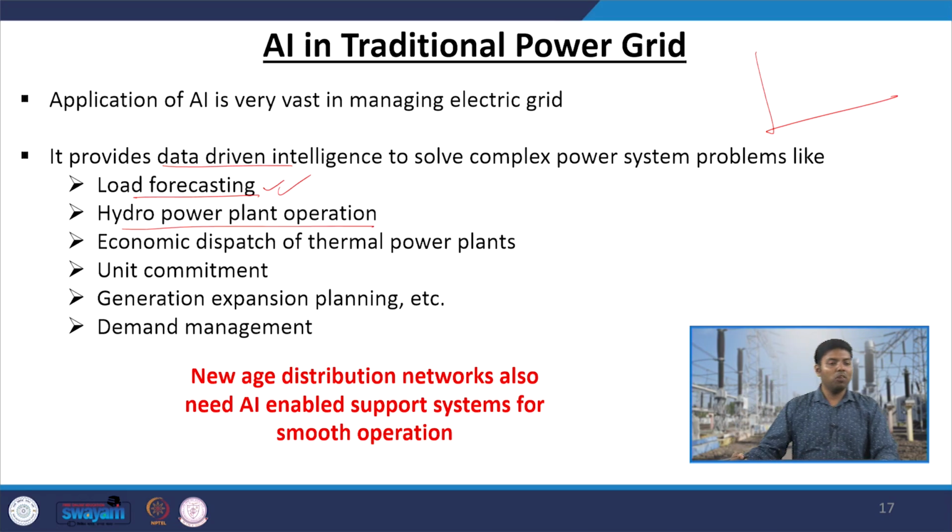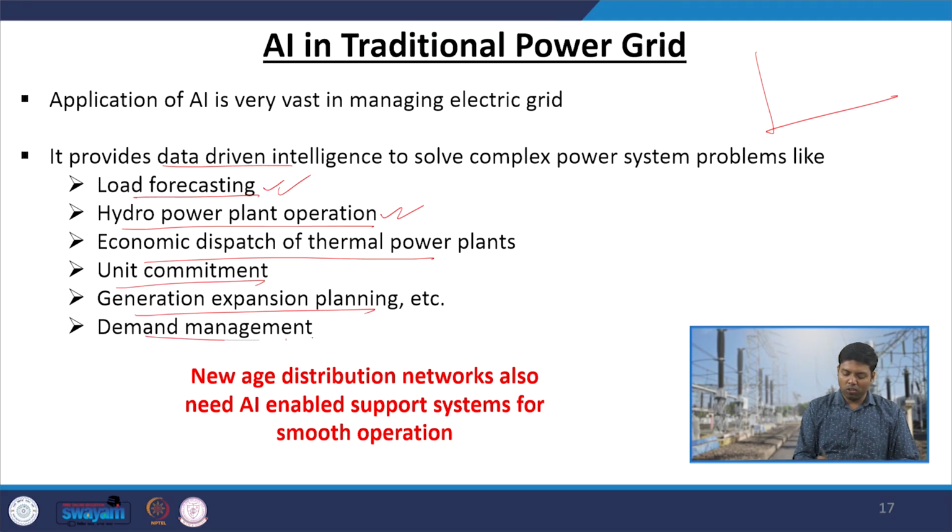Depending upon that, you set the fuzzy logic Mamdani function or the membership functions to get the hydropower operation. Then economic load dispatch of the thermal power plants, we can solve unit commitment, generation expansion planning, and also the demand management process.